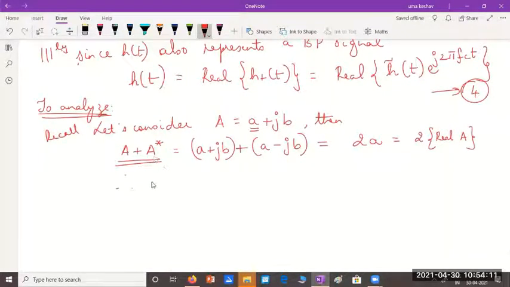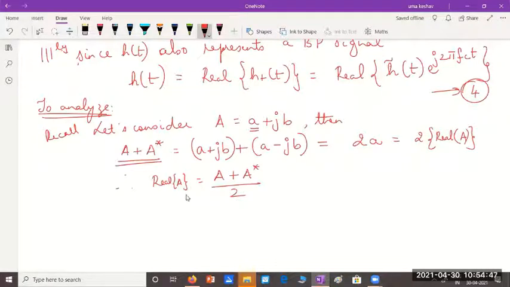Therefore, if I want to find the real part of a signal, what should I do? I should add the given signal with its complex conjugate and divide it by 2. If I just add the signal with its complex conjugate, I'm going to get twice the real part of A. If you just want once the real part of A, add the given signal with its complex conjugate and divide by 2.